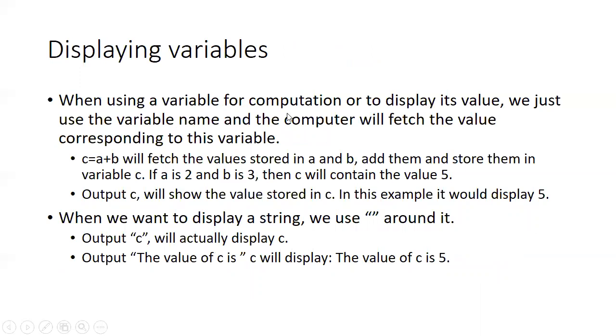Now we can display a variable with a print, but let's just talk about that. What would happen here? We're saying, what if A was 2 and B was 3? And we had this thing here which said C equals A plus B. Be very careful. I'm trying to make you understand here. We don't read this as meaning C is equal to A plus B. What we mean when we read this is C takes the value of A plus B, where A, B, and C are all variables.